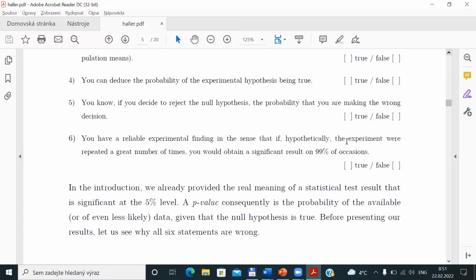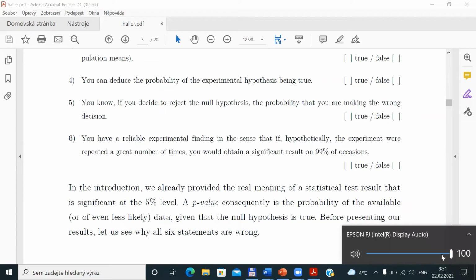If you have a classical die with 6 sides, the probability of getting 6 is 1 divided by 6. If you take 2 tosses, what is the probability that you get 6 and 6? 1 divided by 36.